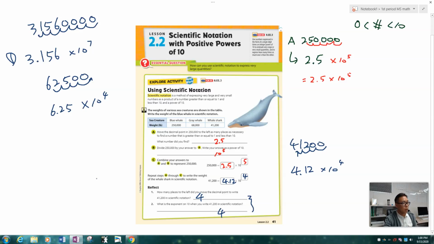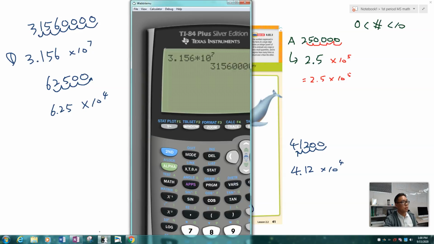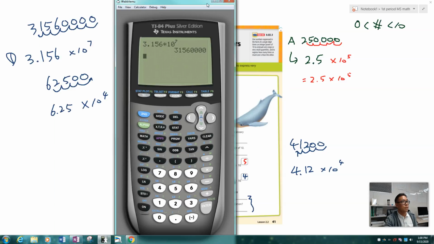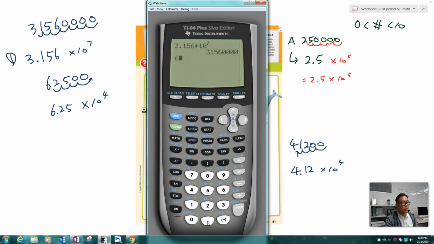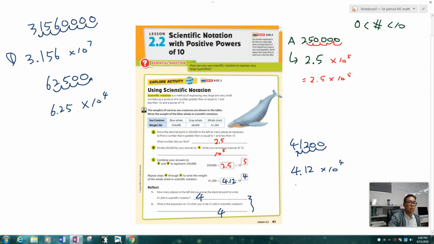Let's see if that is right or not. If I have 6.25 times 10 to the fourth power, is this going to give me 62,500? Yes, 62,500. All right, that'll do.